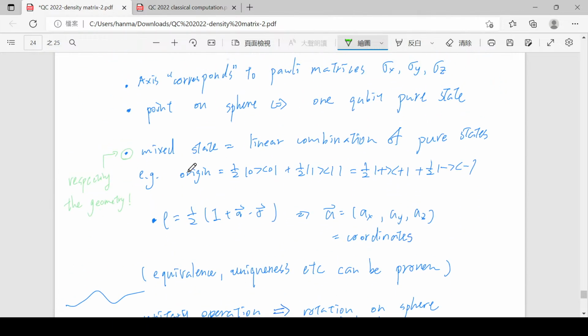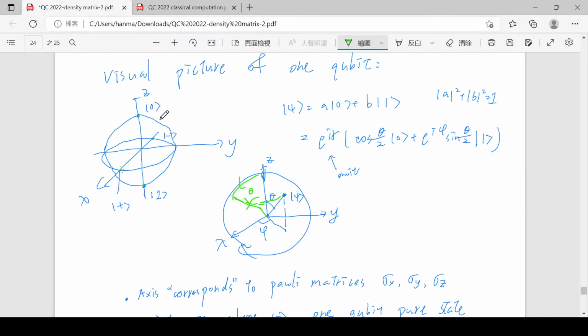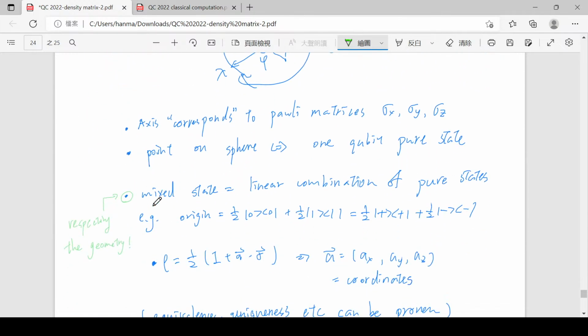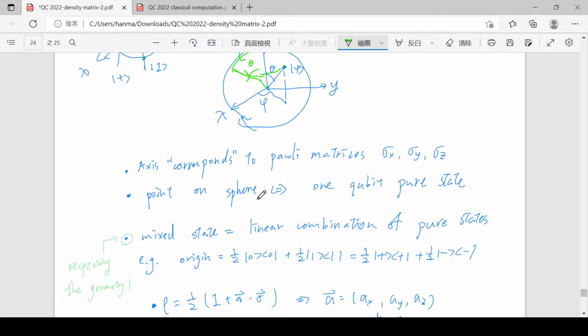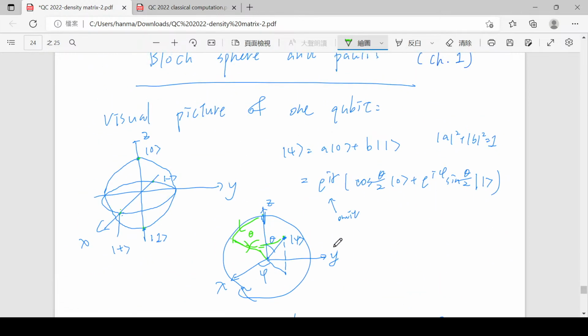And then there is something really cool: mixed states correspond to linear combinations of pure states, and that respects the geometry on this sphere.